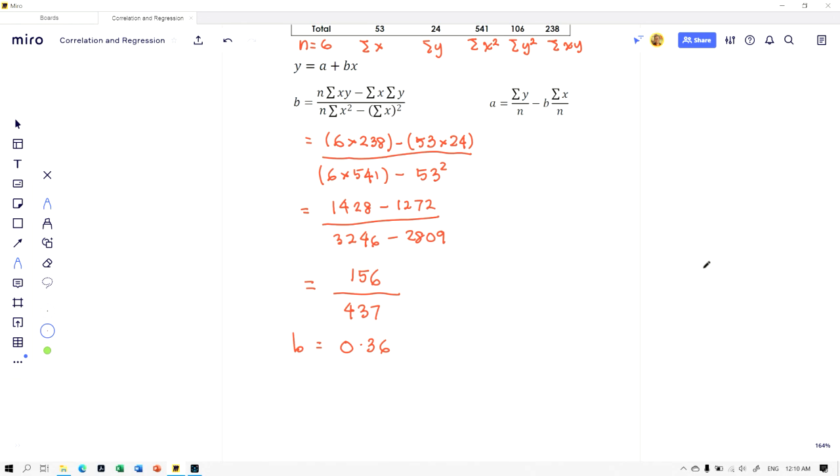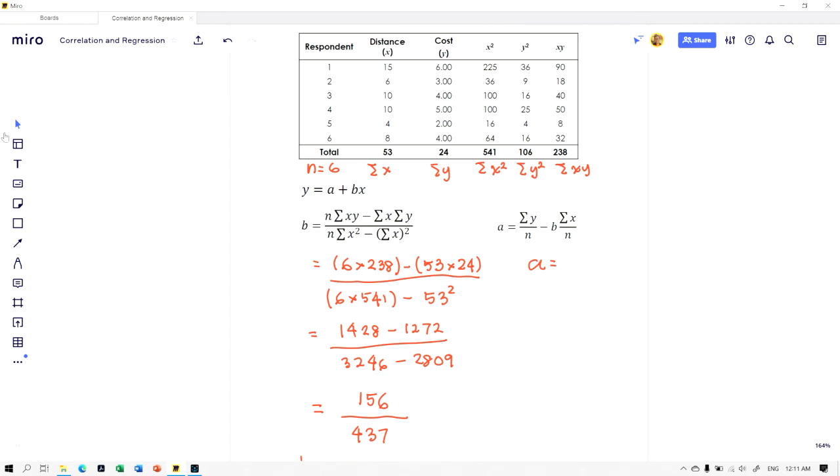Once we have obtained the value for b, we can now proceed to calculate the value for a, which is given by the sum of y divided by n, where the sum of y is equal to 24, divided by n, which is 6, minus b.